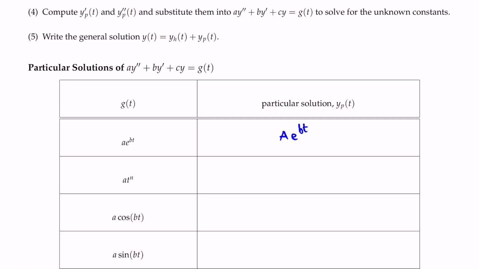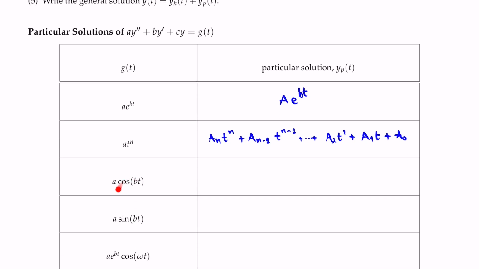So if you have t to the power n, then the trial solution should be a sub n times t to the power n plus a sub n minus 1 times t to the power n minus 1, and so on, down to a2 times t squared plus a1 times t plus a0, where a sub n minus 1, a2, a1, a0 are constants that will be determined in the process of finding the particular solution. Again, these are undetermined, and therefore the name undetermined coefficients.